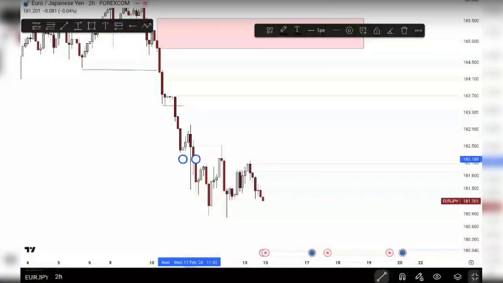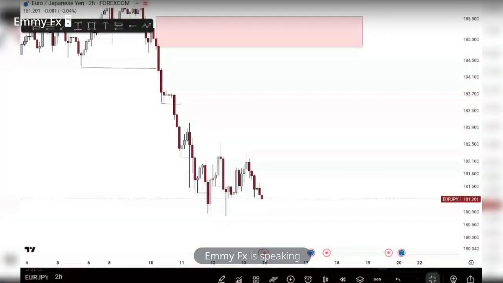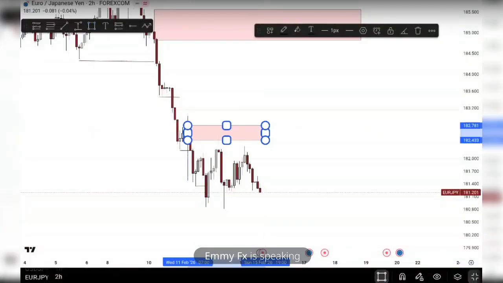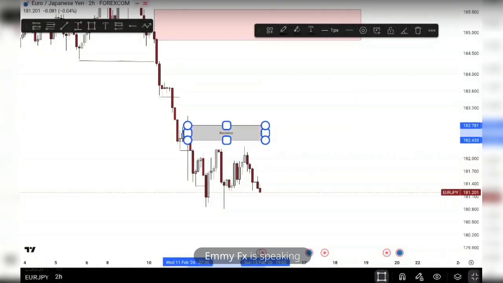You have this break of structure to the downside, and after that price is reacting from this zone and using this zone as our resistance zone.